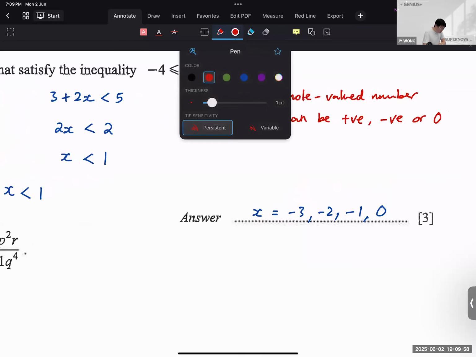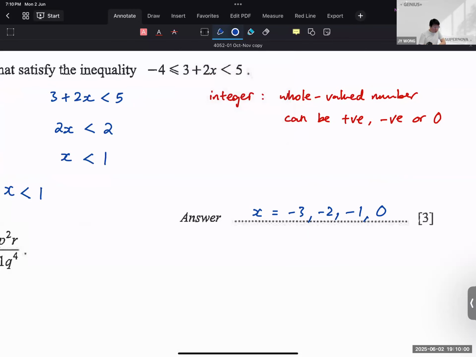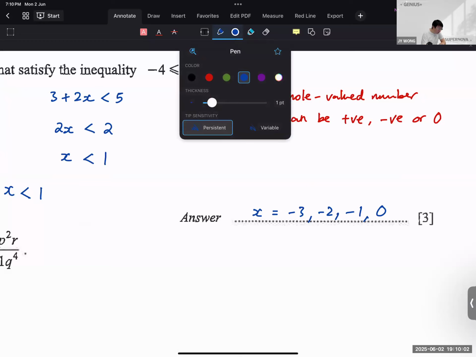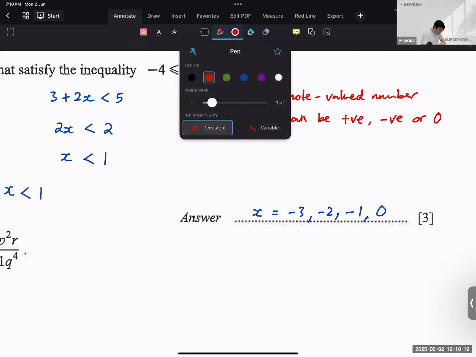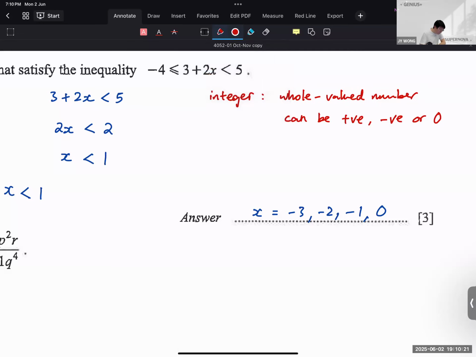Okay, the one that students confuse with is this thing called positive integer or negative integer. From the definition here, you can tell that 0 is neither positive nor negative. So if they ask you for positive integer or they ask you for negative integer, it does not include 0. But if they ask you for integer only, yes. Okay, the other terms that you need to be familiar with, take it down.